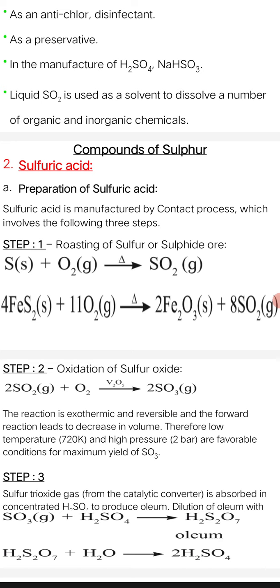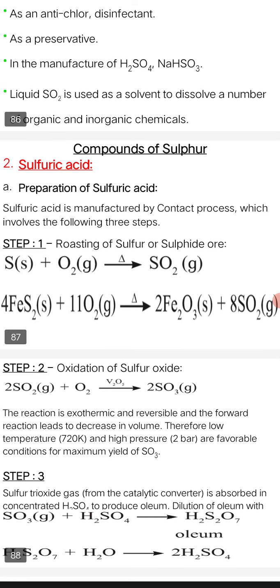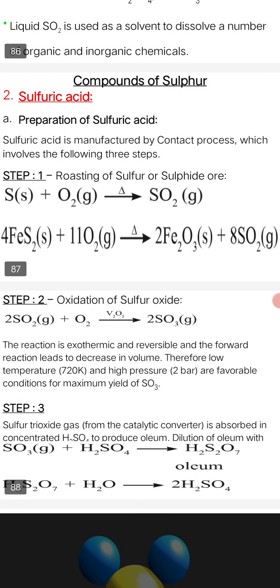In the second reaction, 4 molecules of FeS2 solid plus 11 molecules of oxygen gas, by heating, give 2 molecules of ferric oxide Fe2O3 solid plus 8 molecules of sulfur dioxide gas. In step 2, we'll see oxidation of sulfur dioxide.